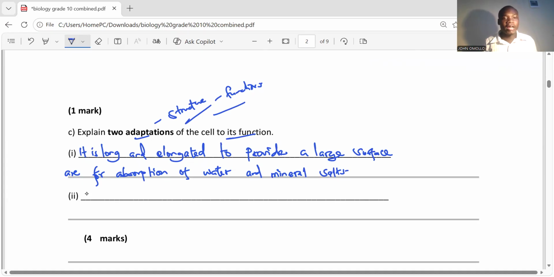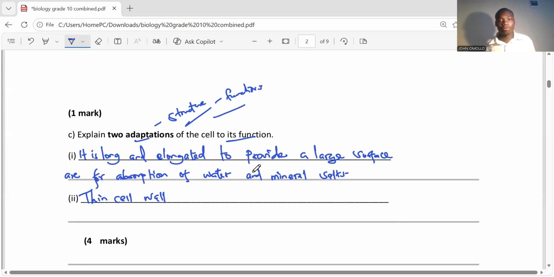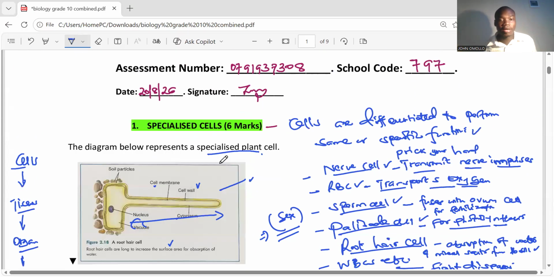Next, we can talk about thin cell wall. It has a thin cell wall. So right here, you can see the cell wall.